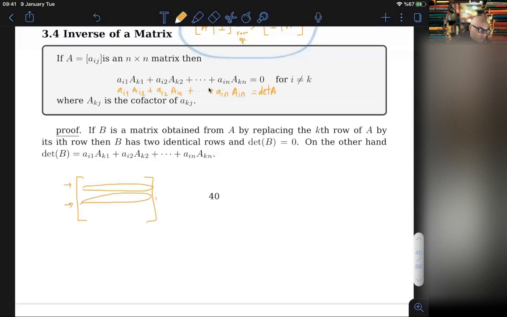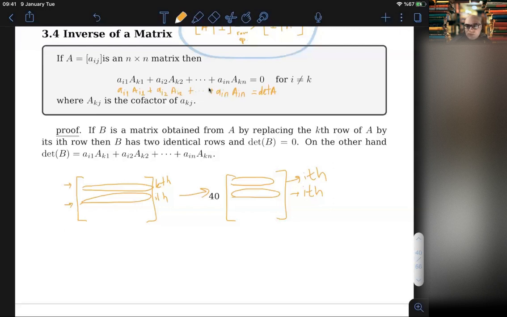So I have exactly two identical rows here. If these two rows are identical, then I know the determinant will be 0, because if a row is a multiple of the other row, the determinant always gives me 0, because I can always obtain a row of zeros.